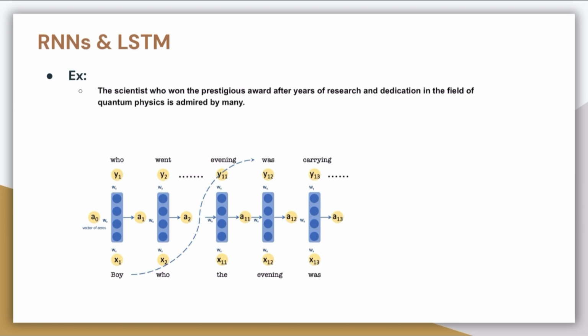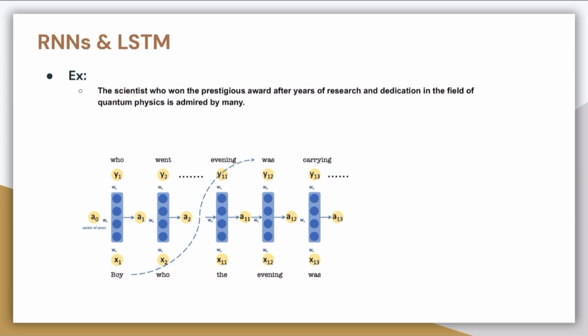Now, due to this long distance between scientist and admired, RNN or LSTM may struggle to find this connection, because RNNs process each word one by one, in sequential order. The gradient values shrink over long distances. This will cause the scientist to be forgotten by the RNN. By the time the RNN reaches admired, it might forget the context about scientist.